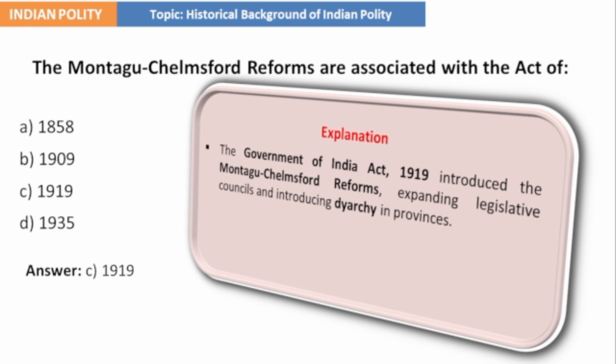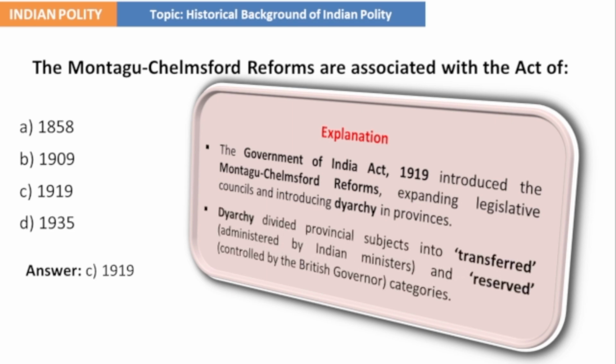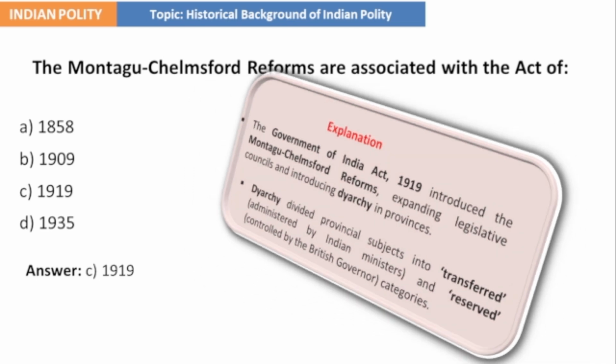The Government of India Act 1919 introduced the Montagu-Chelmsford reforms, expanding legislative councils and introducing diarchy in provinces. Diarchy divided provincial subjects into transferred, that is administered by the Indian ministers, and reserved, that is controlled by the British governor categories.